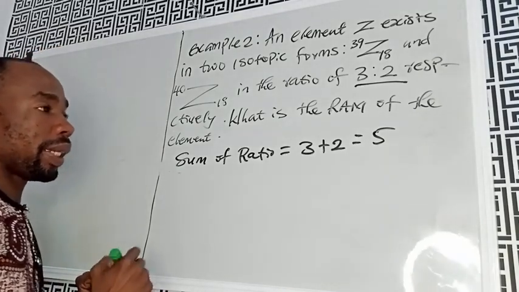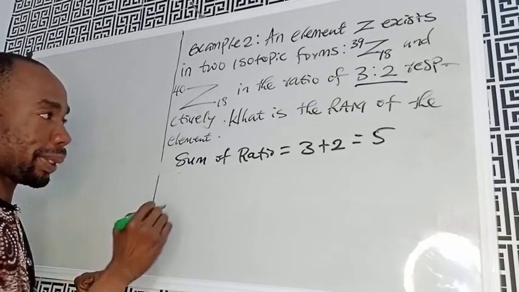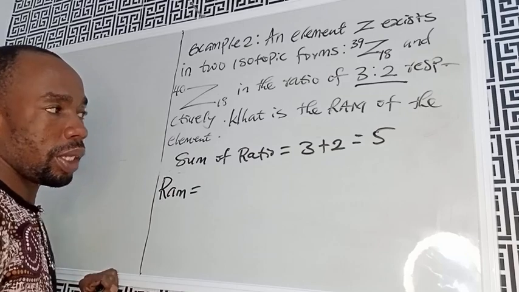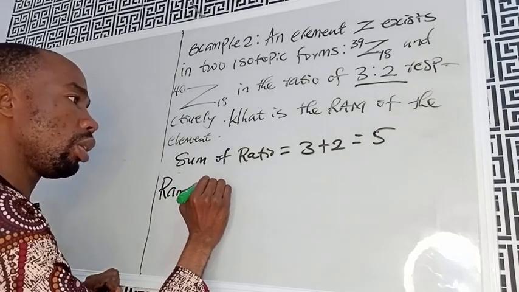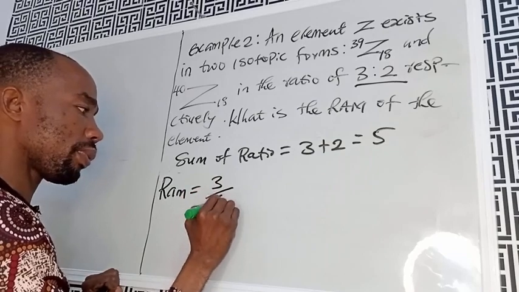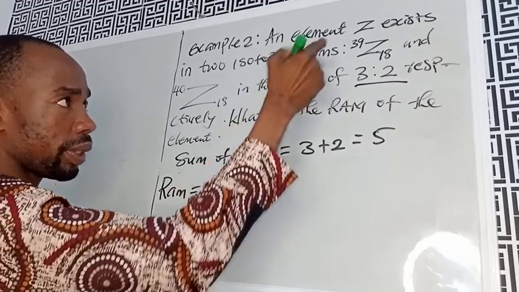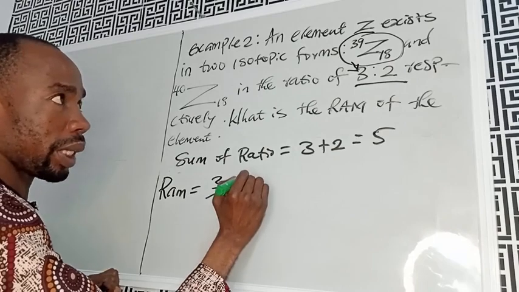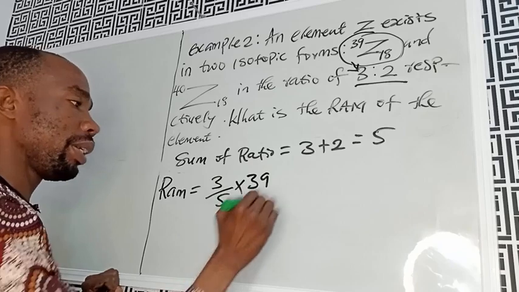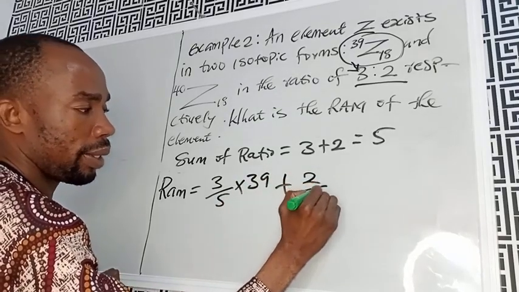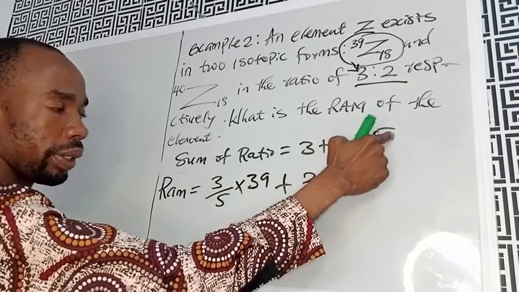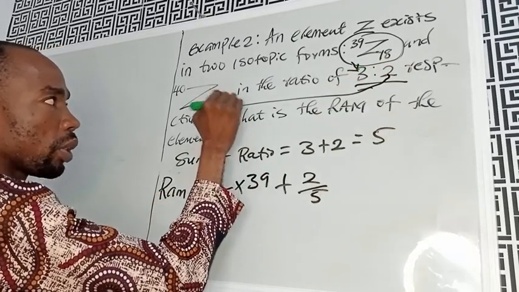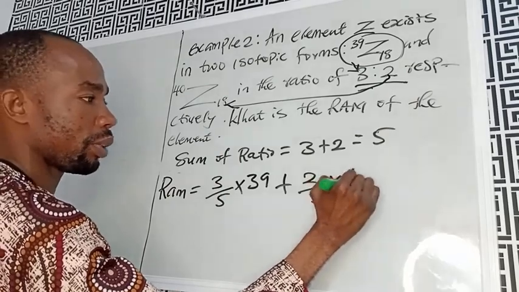What do we do next? We say RAM is equal to 3 over 5 times the mass of the first one, with 3 as the ratio, times 39, plus 2 over 5, that is 2 over the total ratio. 2 is for the isotope with 40, so times 40.